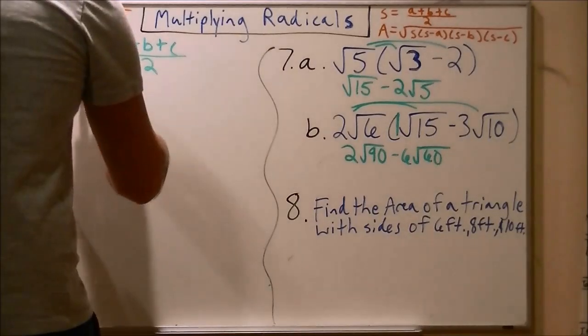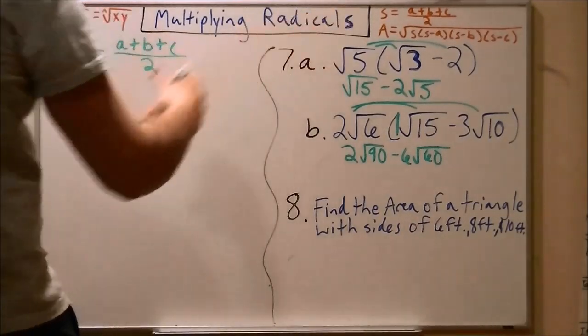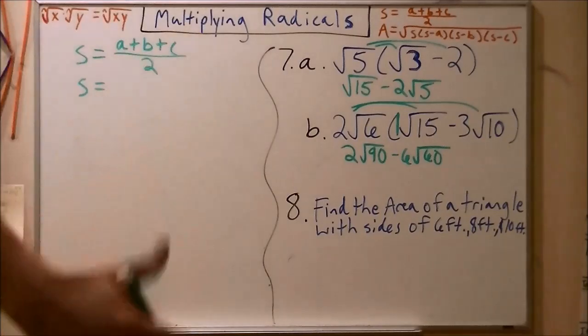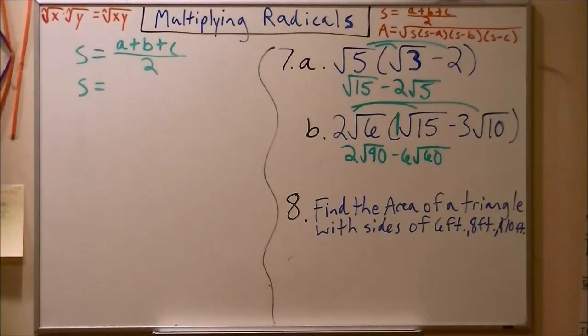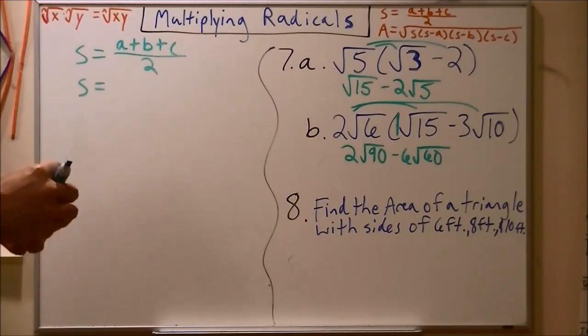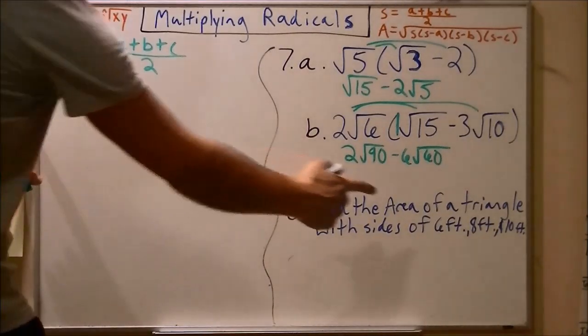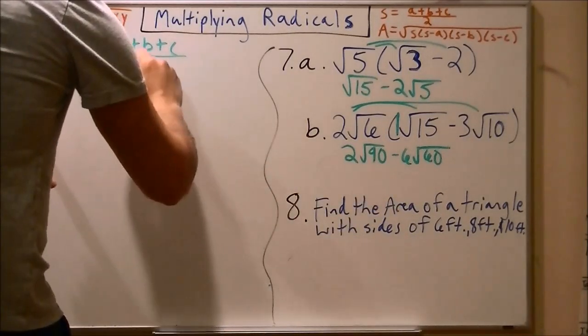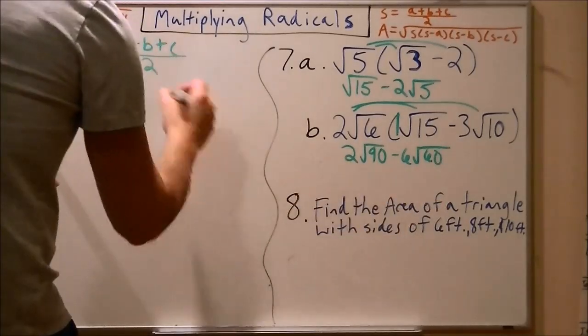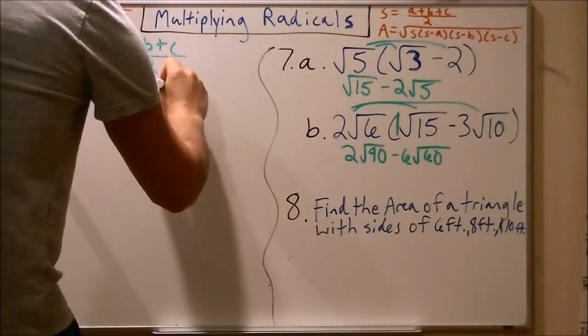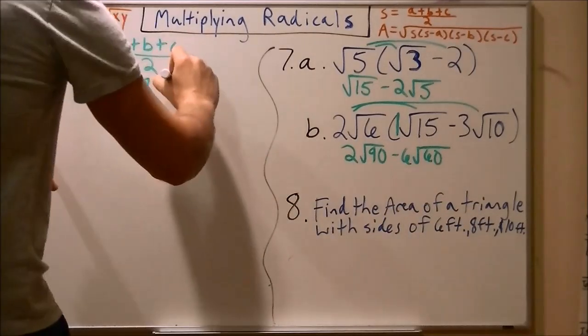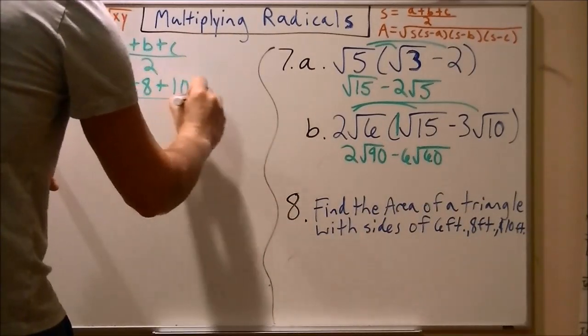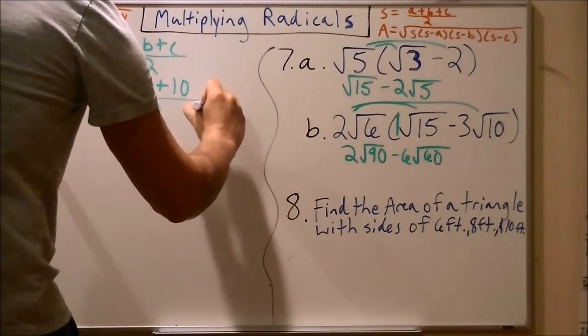So, what are my 3 sides? So I can find S that I then can use to plug into my formula, which is a radical of itself, to find out what the area of the triangle is. S equals one side, which is 6 feet, plus a second side, which is 8 feet, plus a third side, which is 10 feet, all divided by 2.